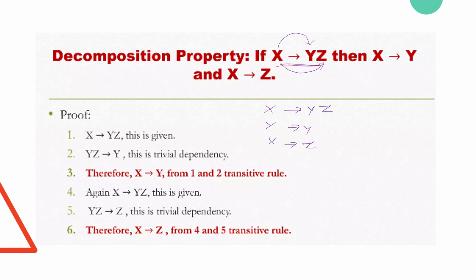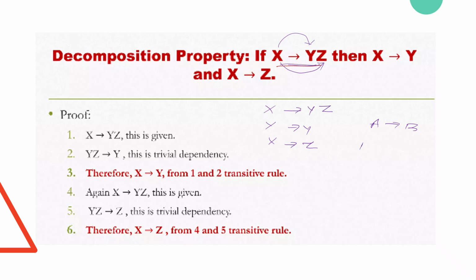Okay, so now understood. So what are all the properties? Reflexivity property, transitivity property, augmentation property, union, and decomposition. What is the reflexive property? If A determines B, it means that any set of the attributes trivially determines its own subset.